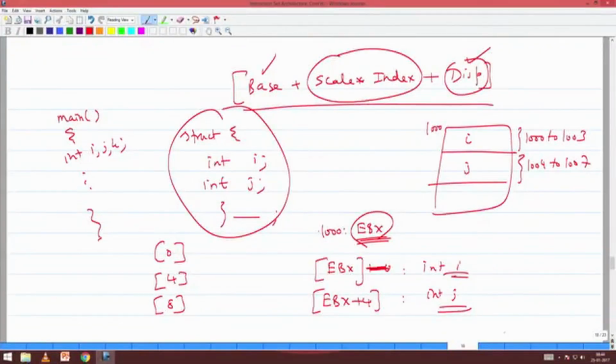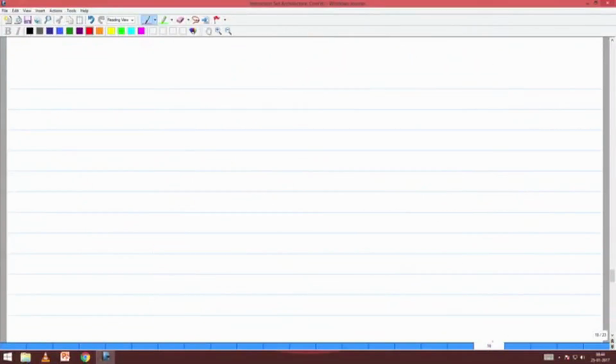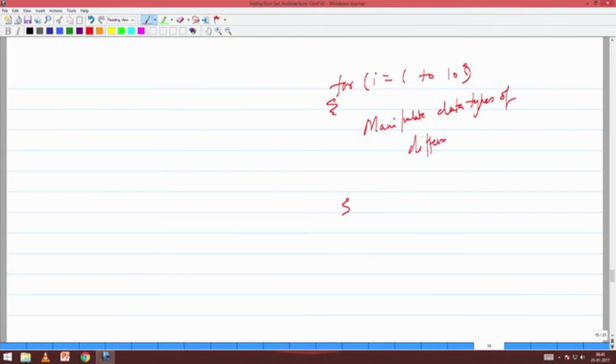So, let me go into some very nice thing, right. Suppose I have a loop. This loop is trying to manipulate data types of different sizes. This normally you will see, right.